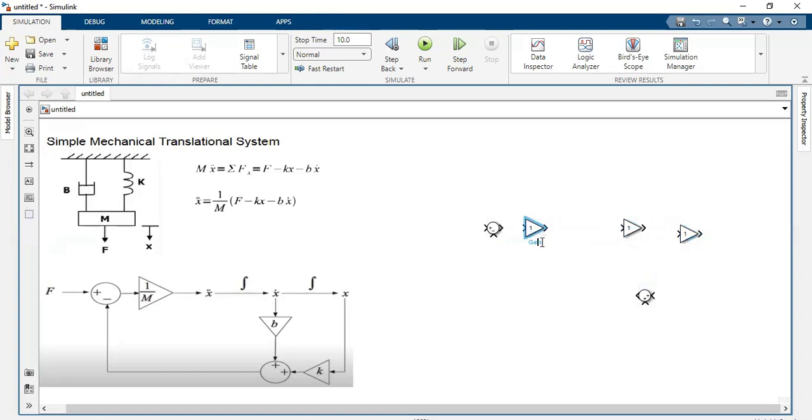One gain is 1 by m, another gain block is b, and another gain block is k. We can rotate the gain blocks to arrange them like this.